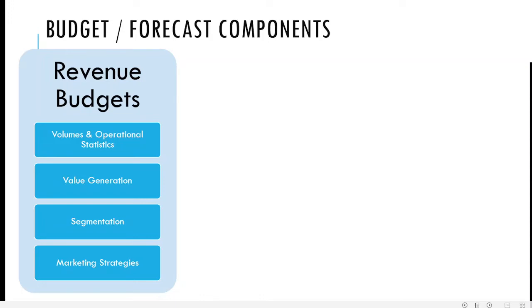Are we going to spend on search engine optimization, or do some Google ads, or use agents or distributors for selling, or sell to a wholesaler who will then sell by themselves, or have our own stores? So what are we going to do, basically? That's the marketing and sales strategies. So that's part of the revenue related budgets.